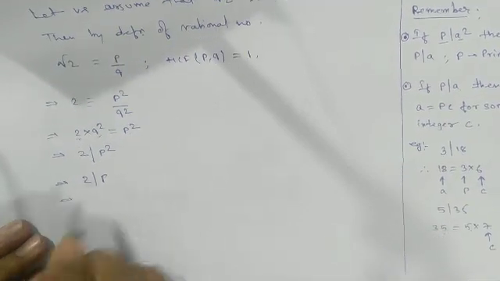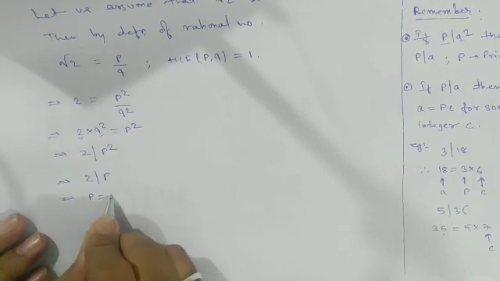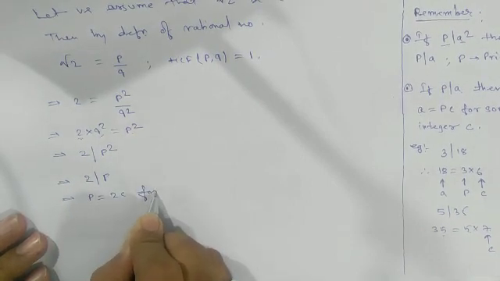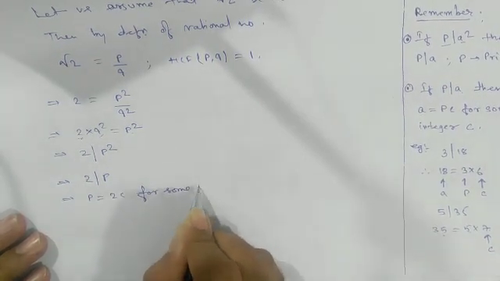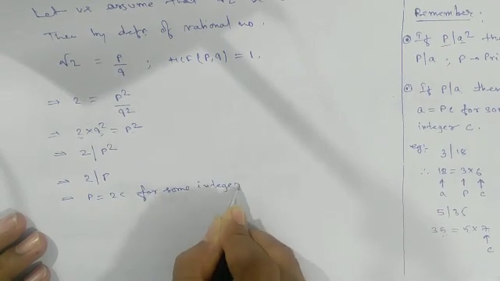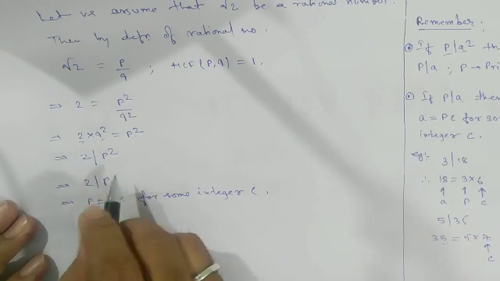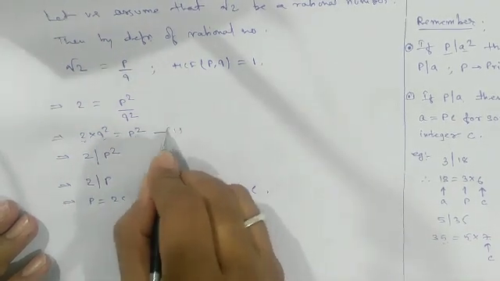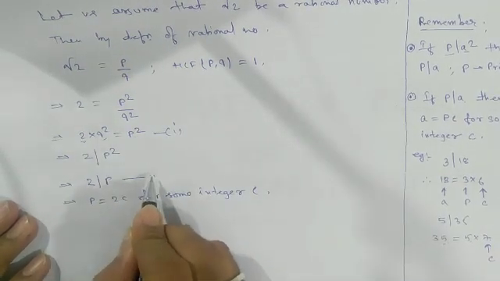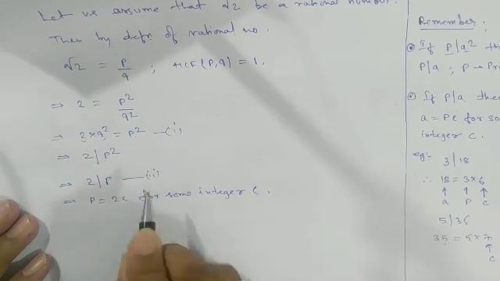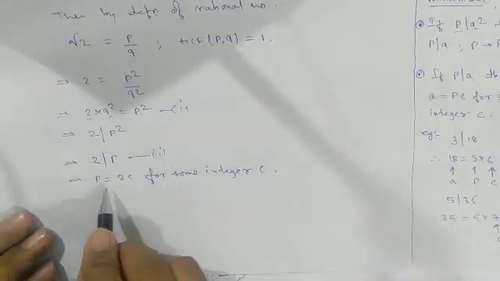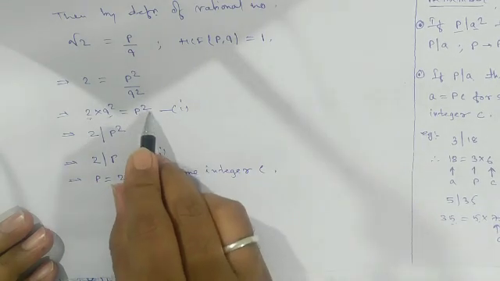That means p can be written as 2c for some integer c. Take this as number 1 and this as number 2.